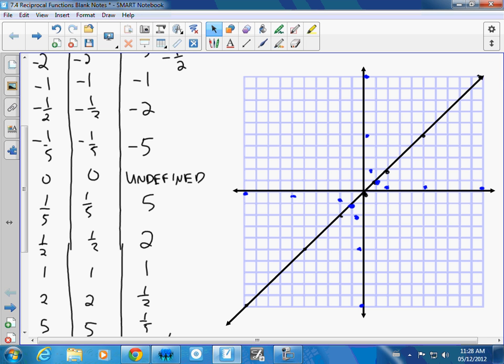So in this first one, 0, 0 is that one, but if we actually do this one, it's 0 and undefined. Can you plot an undefined point? So let me ask you a question. The original goes to the origin, but does the reciprocal go through that point? There's no possible way. Oh, shoot. So how do we state that it does not go through that point? I don't know, man.